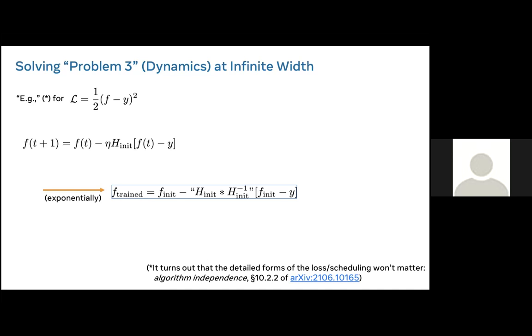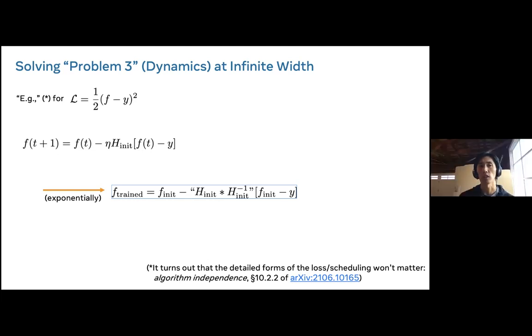Just another quick question. What is the fate of the loss function at the end of training? Can you drive it down to 0? In the infinite width limit, essentially you can fit all the data, with the exception of when your function is too constrained.